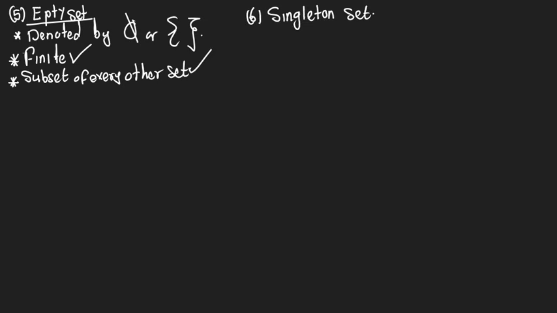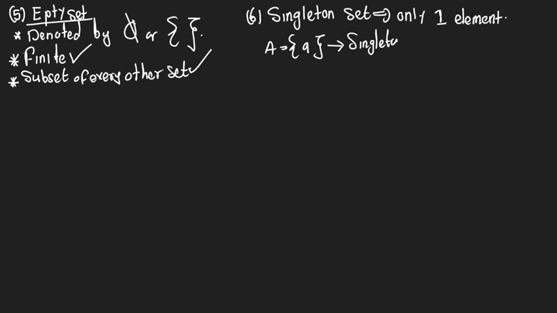A singleton set is a set which contains only one element. So in this case, if this is set A and it contains one letter, then we say that it is a singleton set.